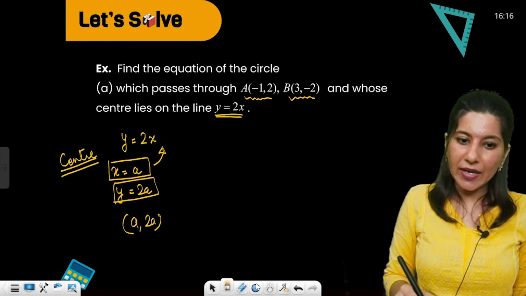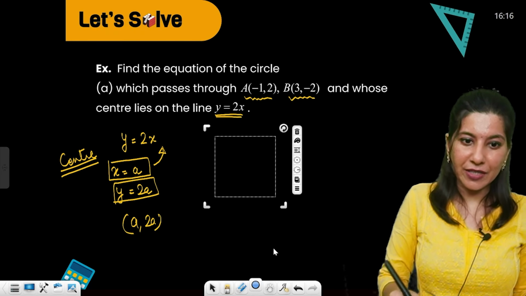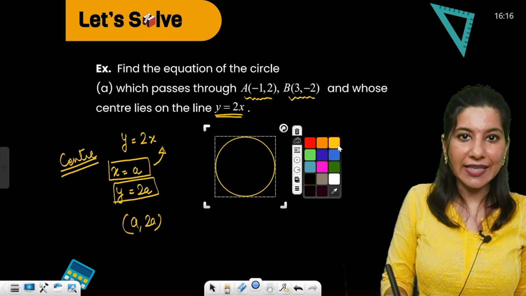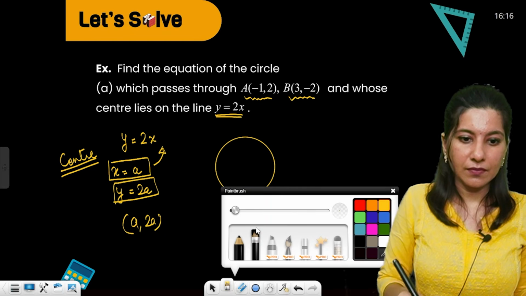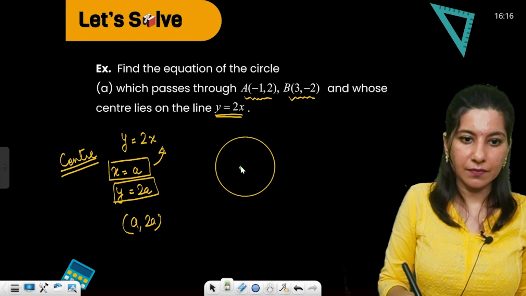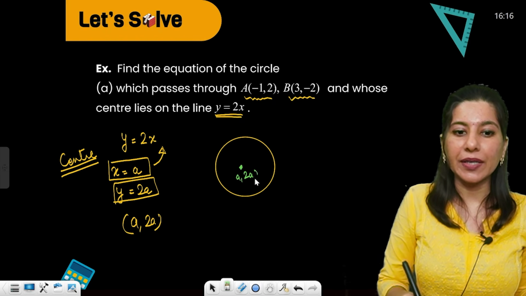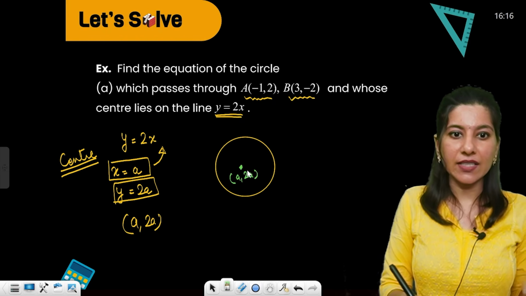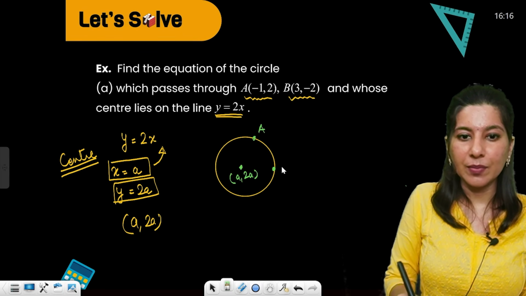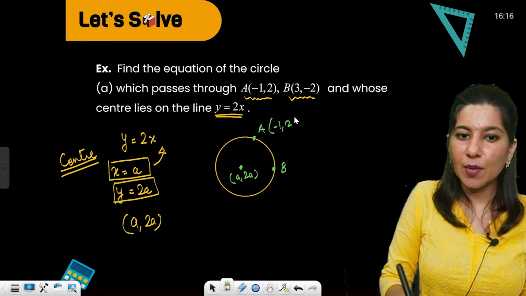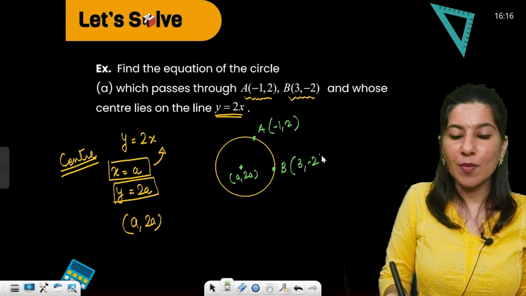Perfect. Now again, I told you to draw it. Whatever it is, draw it out. You will get clarity. Okay. So now (a, 2a) is the center, which passes through points A and B. A is (minus 1, 2) and B is (3, minus 2).